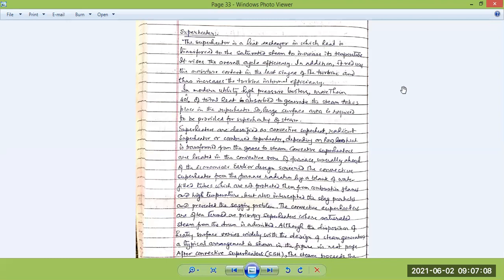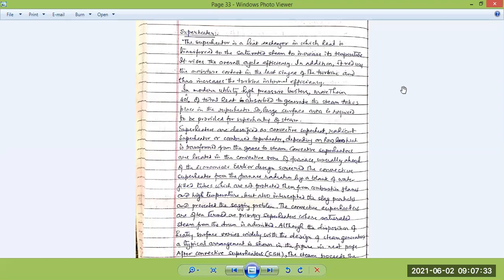So this raises the overall cycle efficiency, and it reduces the moisture content in the last phase of the turbine, and that increases the turbine internal efficiency.